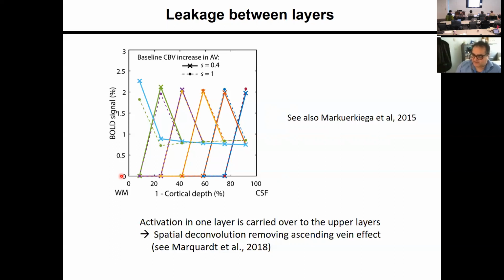So it all depends on the physiological processes, how fast the deoxyhemoglobin is transported from one layer to the next, and how the blood pressure due to blood volume change in one layer affects the blood volume change in the other layer.